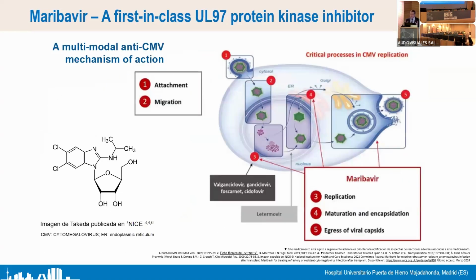Maribavir is a first-in-class drug as well, like letermovir was. UL97 is the target of the drug, and that's giving a multimodal effect: replication, maturation, encapsulation, and the egress of the viral capsids. All the traditional anti-CMV drugs before maribavir and before letermovir were primarily DNA polymerase inhibitors.